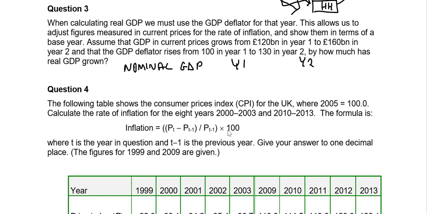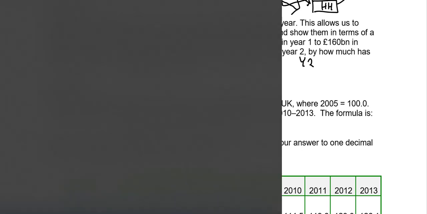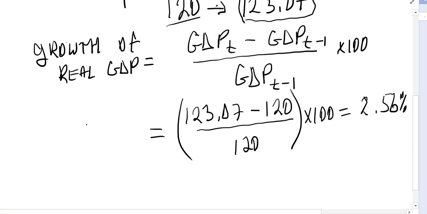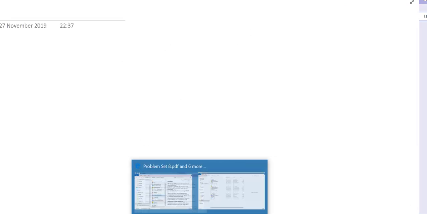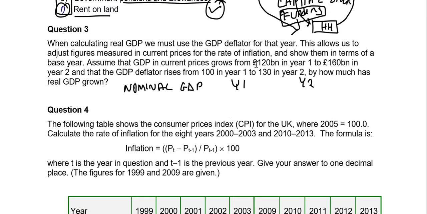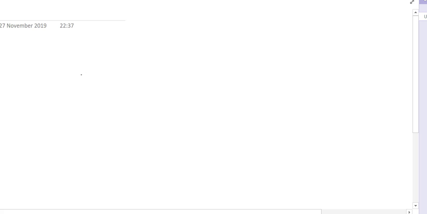There's not enough space here, so I'm going to get my note now. Right, so we need to get the figures. In year 1, nominal GDP was 120, 160, and 130. Okay, let's create the table here again.